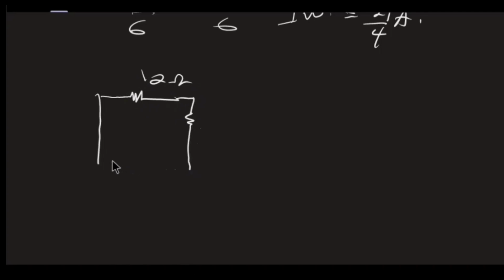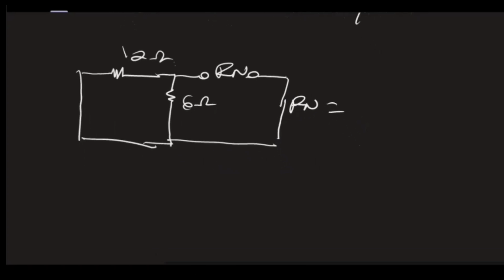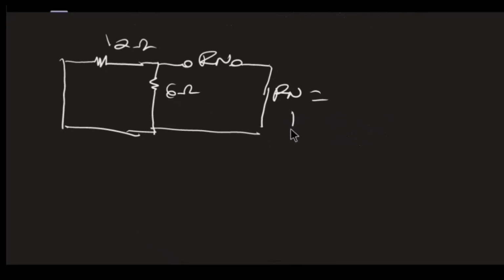I'll have 6 ohm. Then this side will be RN, that is Norton's resistance. This place will be short circuited. So my RN obviously will be equal to 12 and 6 in parallel. So 12 times 6 over 12 plus 6, 72 over 18 is equal to 4 ohm.